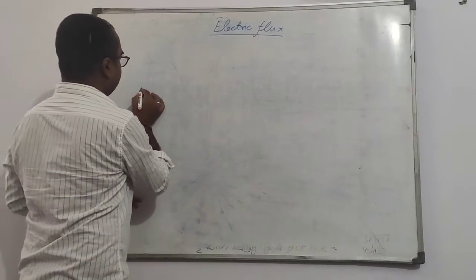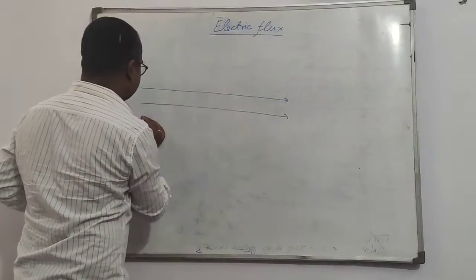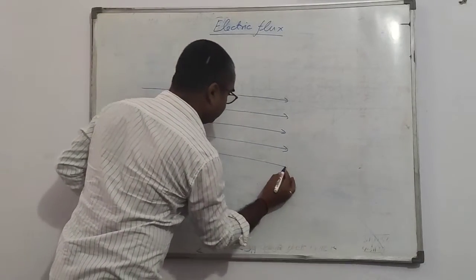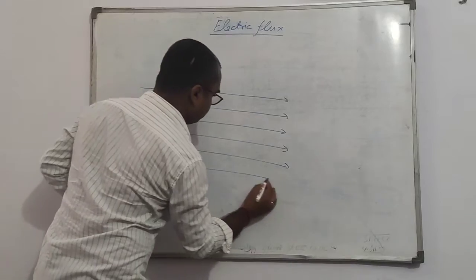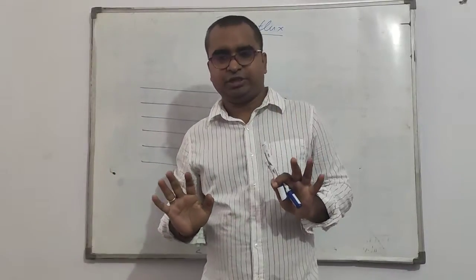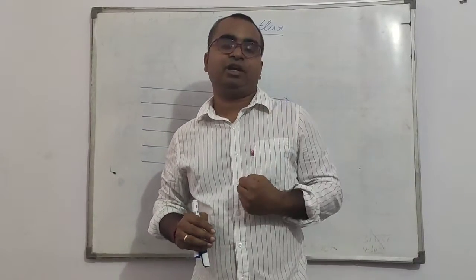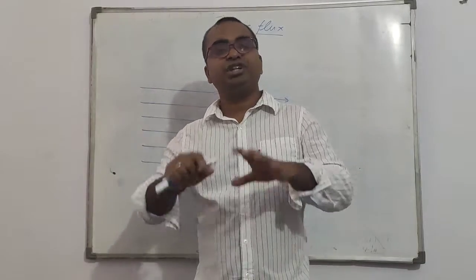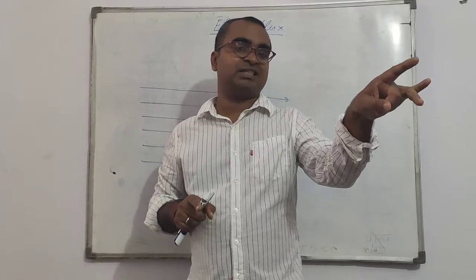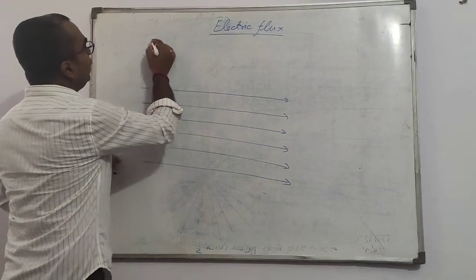Let this be a field line in a space. We have a fixed surface area. I am saying how we calculate the electric flux. For that, we need some arrangement. We need to know what factors the quantity of electric flux depends on.